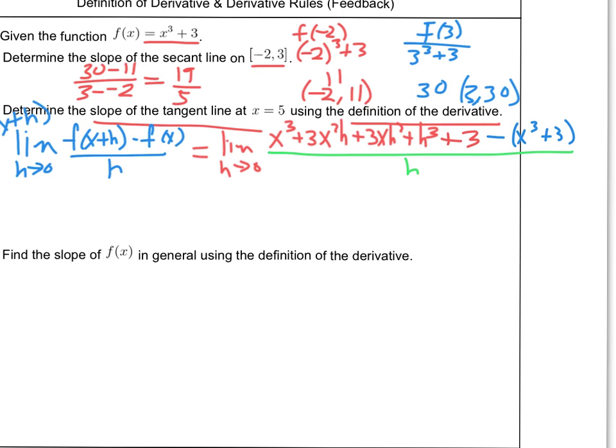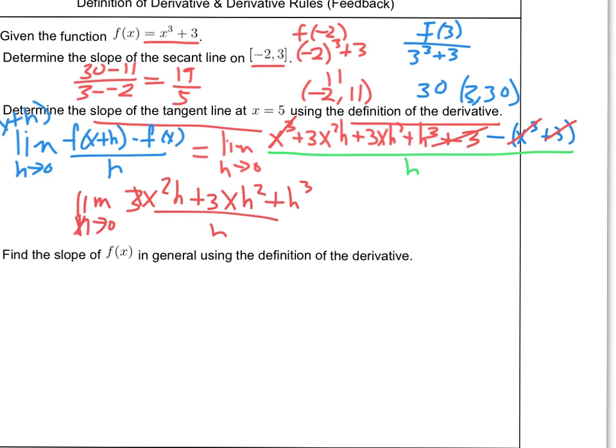So in looking at this, my x cubeds cancel out. My plus 3's cancel out. I'm left with the limit as h approaches 0 of 3x squared h plus 3xh squared plus h to the third divided by h.